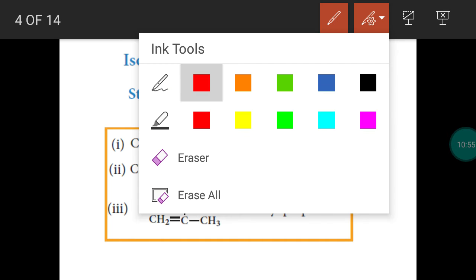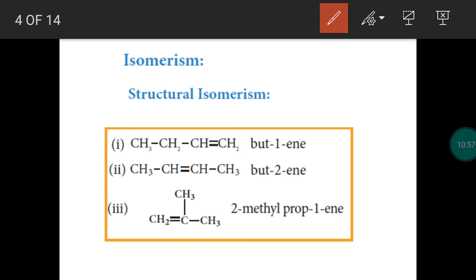We can explain that. The first and second compounds both have the same molecular formula, C4H8, 4 carbon atoms and 8 hydrogen atoms. You can count it.